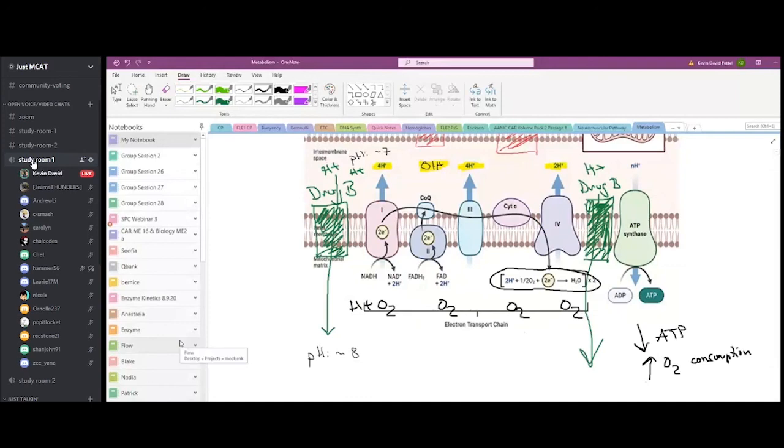And so the O2 consumption would go up because a lot of O2 is immediately being used up because there are so many hydrogens ready to react with oxygen. That oxygen is going to be used up left and right to make excess water. So our H2O production, because O2 is being consumed, is also going to go up.